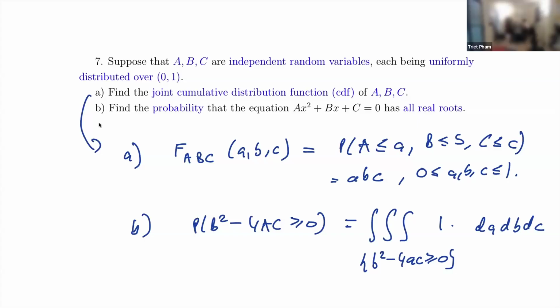First of all, let's see if we remember Calc 3. In multiple integrals, what is our first question when we do this integral? Drawing a picture is out.